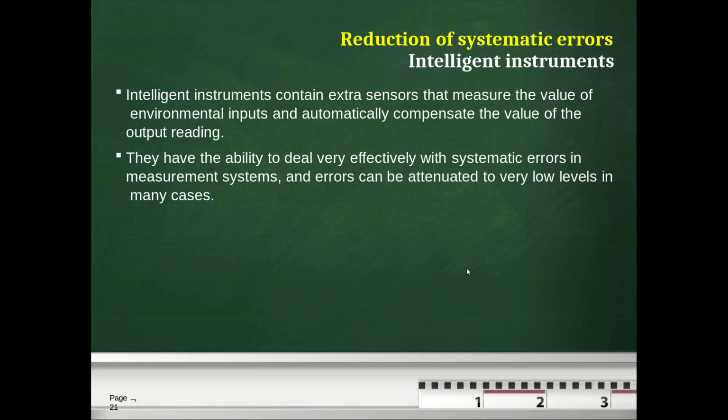An intelligent instrument has extra sensors that measure the value of environmental inputs and cancel them directly. So it is very effective because it can deal with the systematic error, and errors can be attenuated. So the final output will have some error, but at a very low level in many cases.